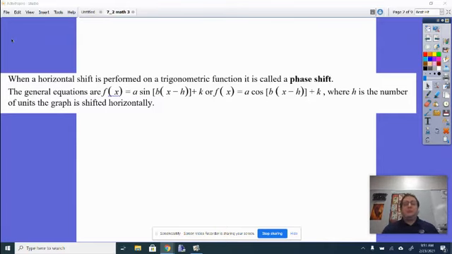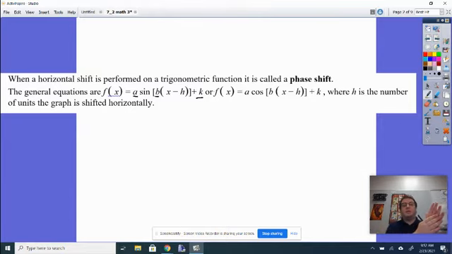So we've dealt with A, we've dealt with B, and we've dealt with K. Okay, now if you remember from the Desmos activity that we did, we also had that H slider, and H slid the graph horizontally. We call that shift in sine and cosine and tangent a phase shift because there is a phase, right?